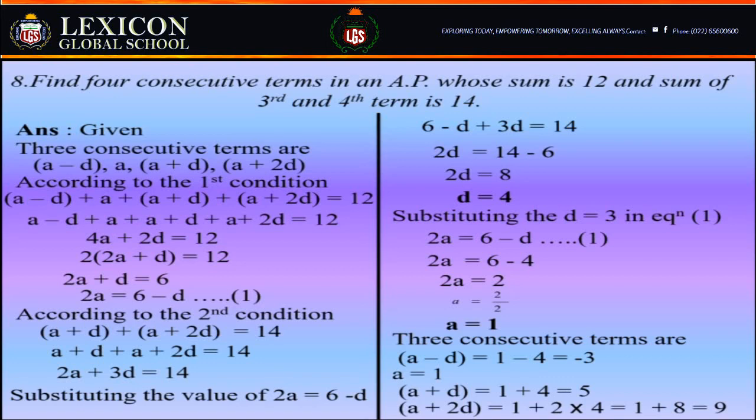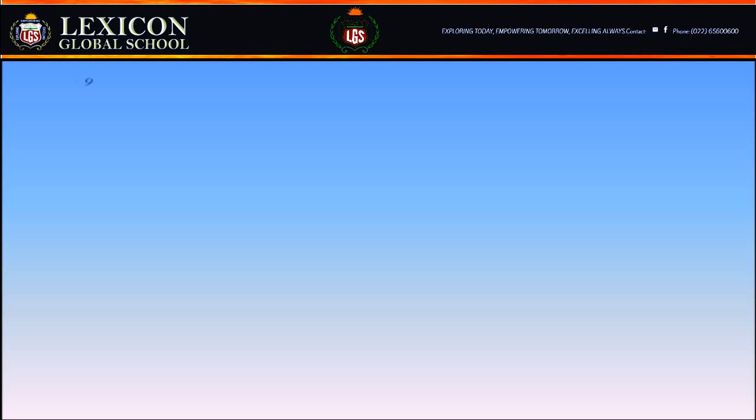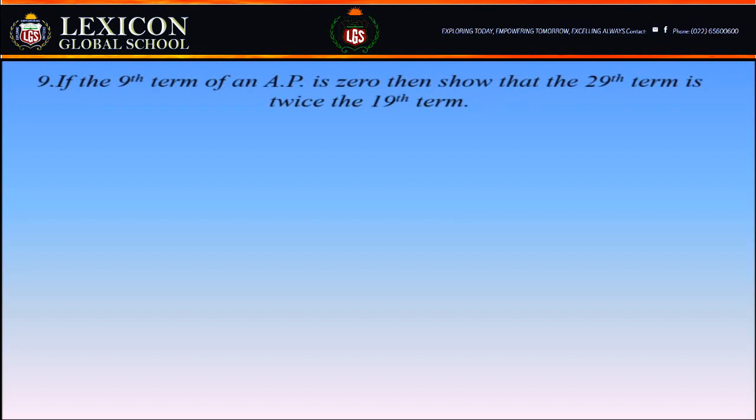Now, let us consider sum number 9. If the 9th term of an AP is 0, then show that the 29th term is twice the 19th term. Let us write what is given to us.